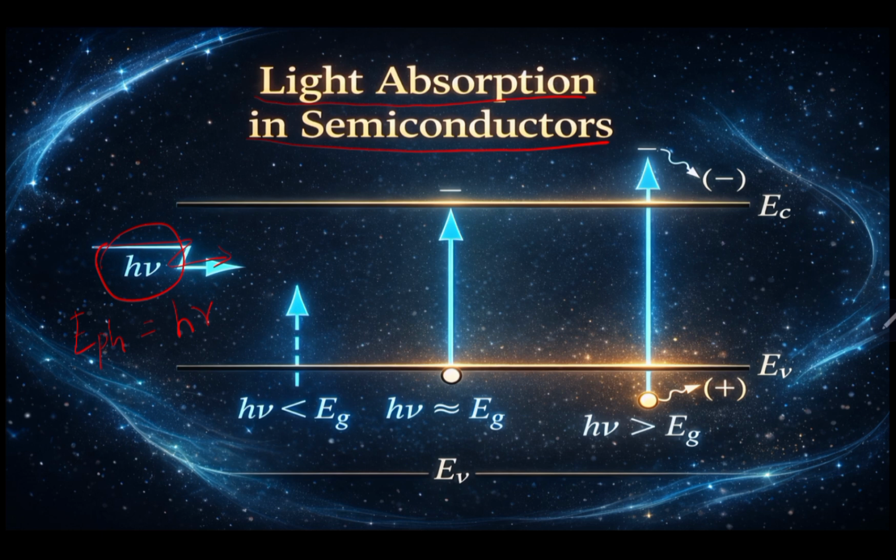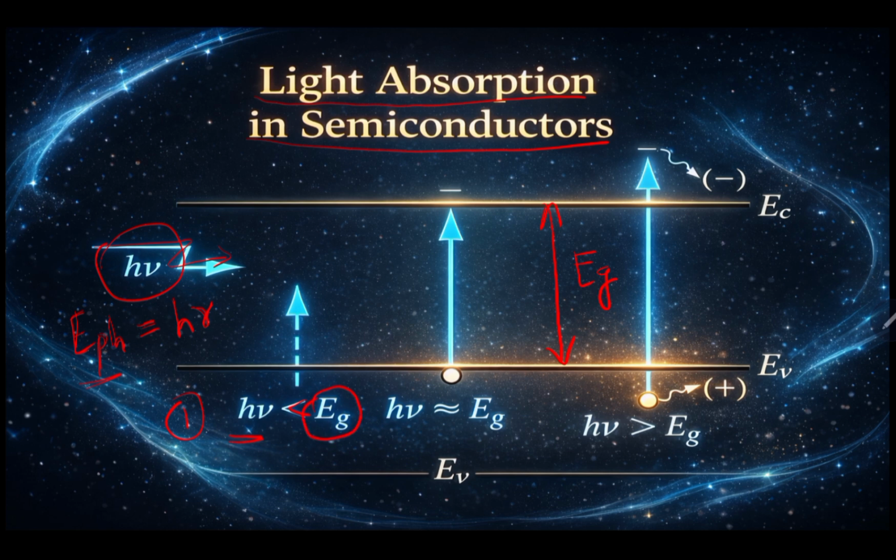The photon light energy is E_ph equal to h nu, and the band gap of the semiconductor is Eg. We will come across three situations. The first case is that the light energy is smaller than the band gap of the semiconductor.